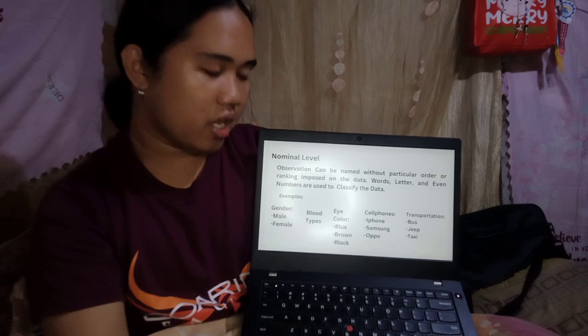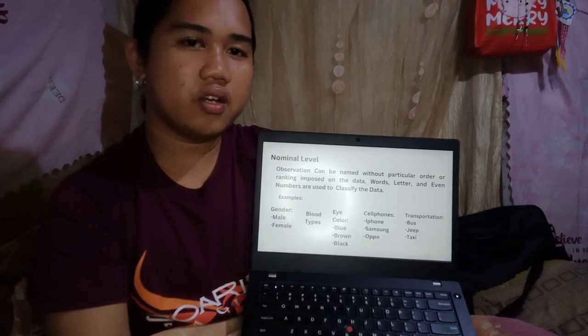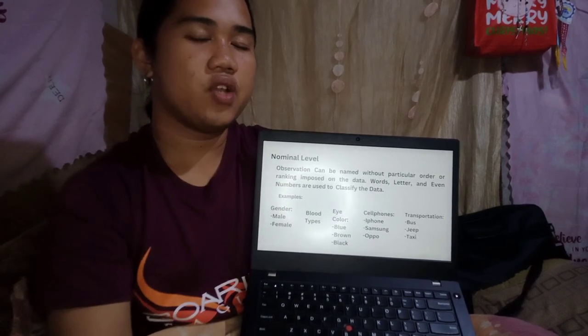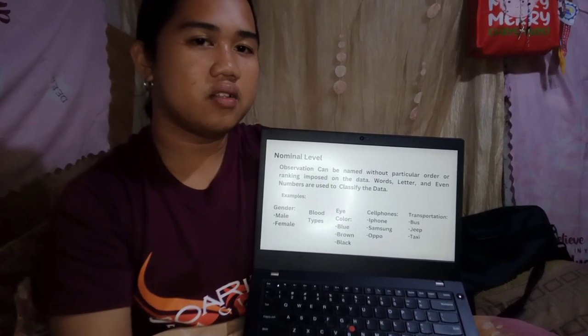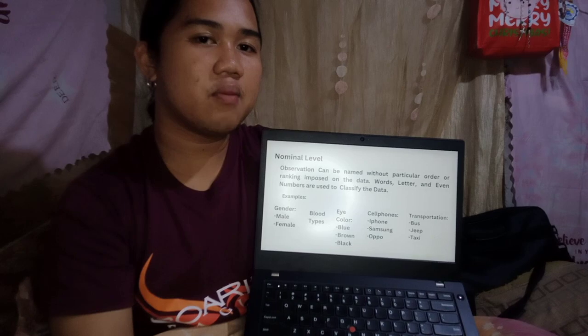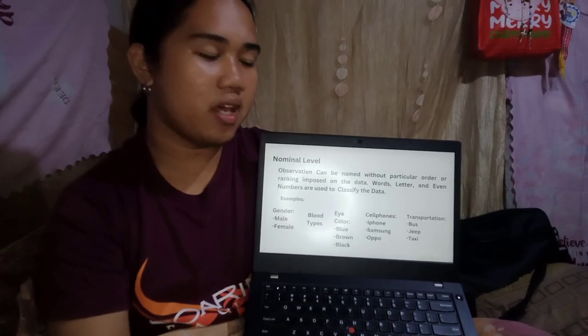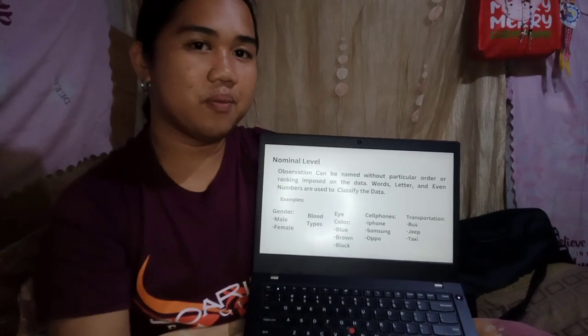For example, here is gender. Gender consists of male and female. We cannot tell that male is higher than female, or we cannot tell na mas mataas yung female kaysa sa male. Same goes with blood types.